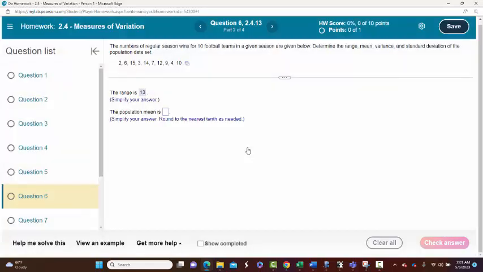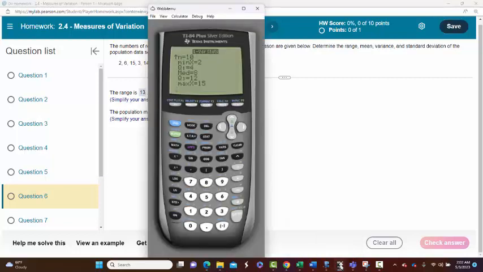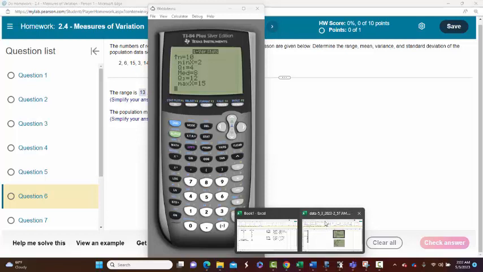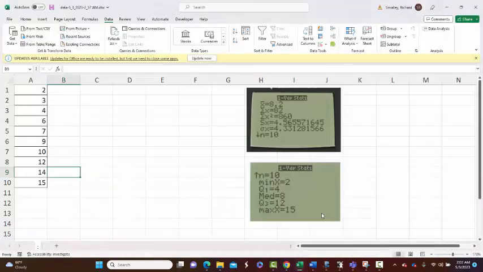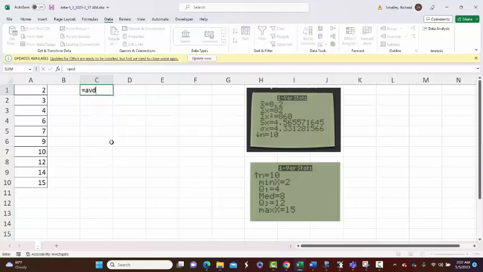All right. Population mean. Now keep in mind, once again, the calculator, even though it shows X bar, it's showing the mean, because it's the same calculation, so whether that's X bar or mu, it's going to be 8.2. But I want to go ahead and do the command here, the average command.